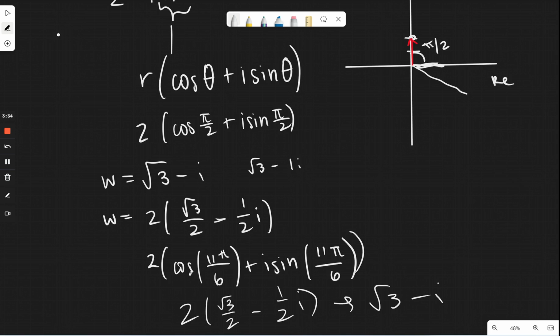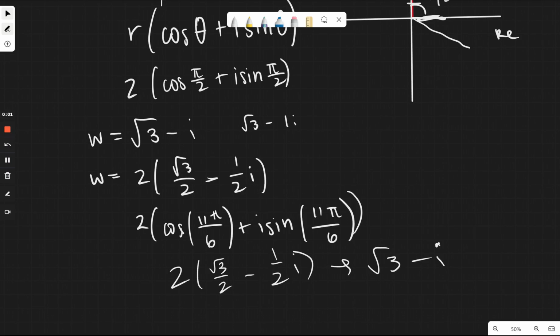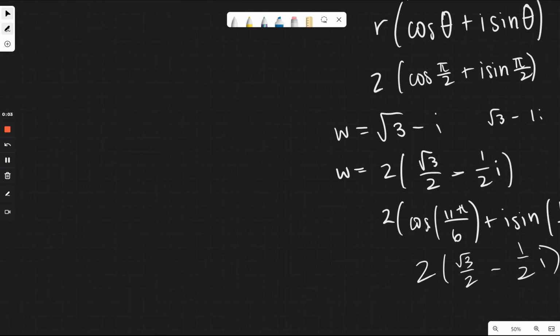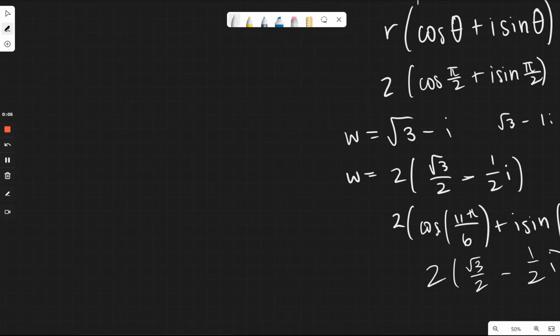When you don't have a calculator, you usually will see numbers that can be made into common trig values. It is worth mentioning that when you don't have nice numbers, there are other steps you can take. For example, if we have the number square root 3 minus i, then a, the real part, is square root 3, and the imaginary part, b, is negative 1.